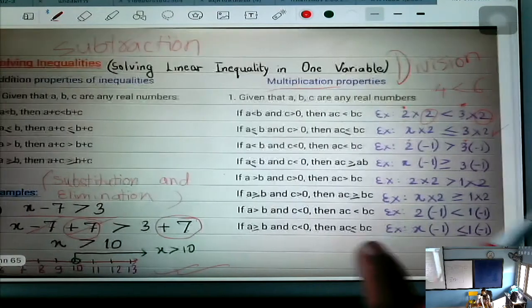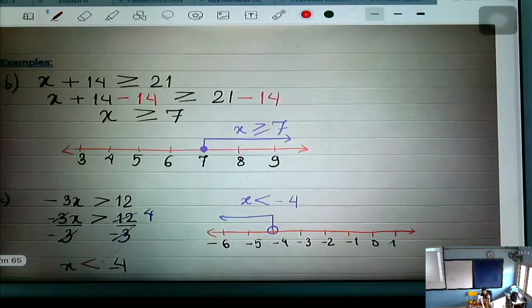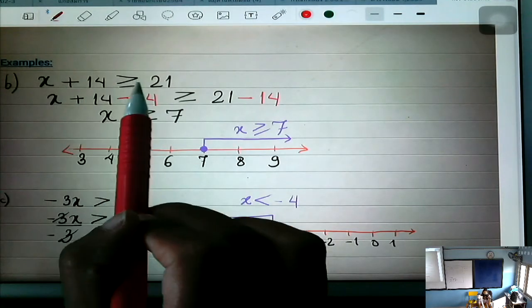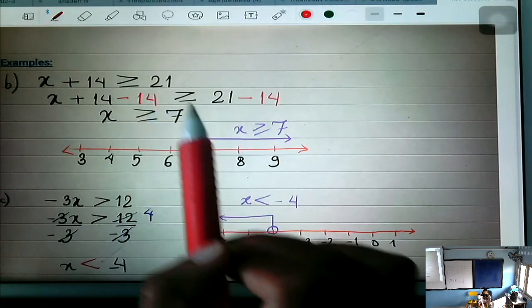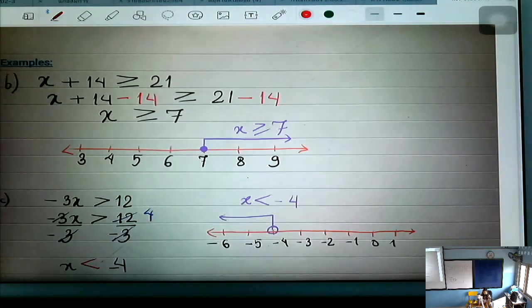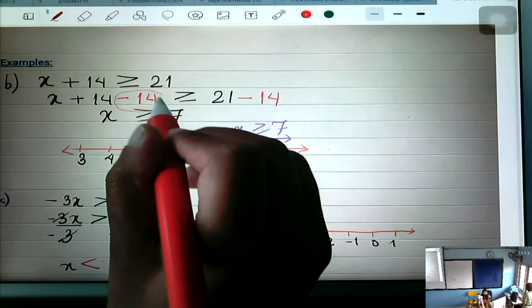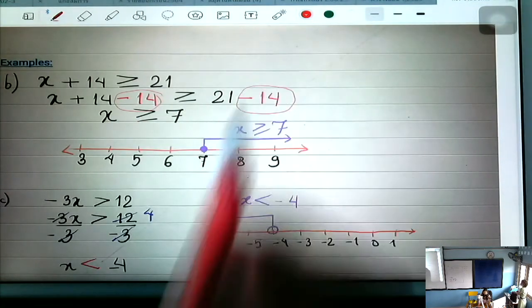Ready? Okay, look at example number 2, number B. Here, x plus 14 is more than or equal to 21. Now, what do you substitute here?